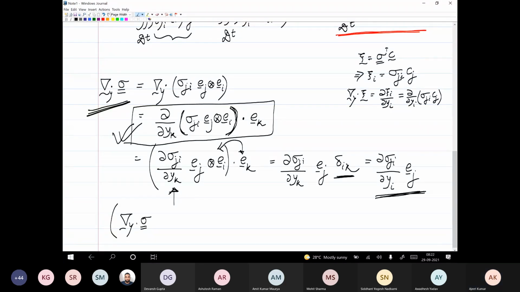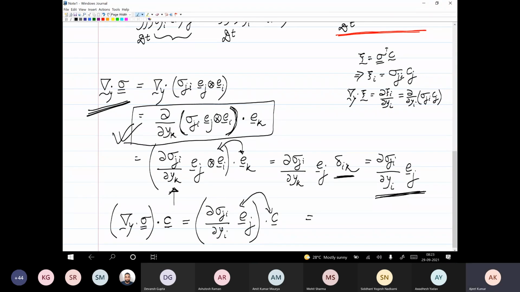But what do you think this dotted with C is going to be? So, just write down whatever we have till now: del sigma ji over del yi ej, and this is then dotted with C. So what is this then? ej dot C is simply Cj, right?